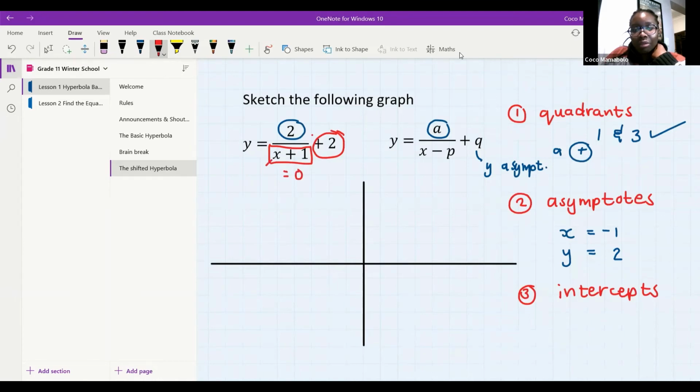So what must I replace x with to get 0 over here? Excellent stuff, Cameron. Well done.